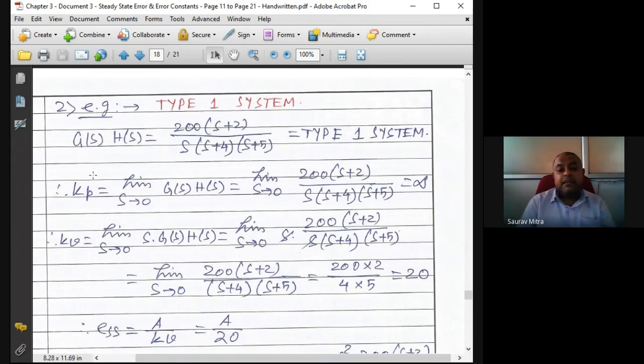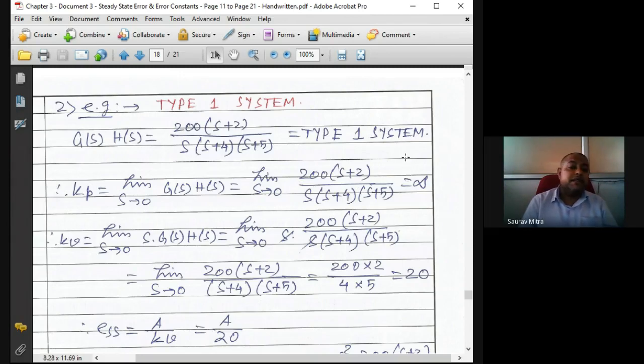Kp we are finding by the same formula. Kp is equal to limit s tends to 0, G(s)H(s). Here, if you substitute s equal to 0, the numerator will be 400 and the denominator will be 0. So 400 divided by 0 will be infinity.